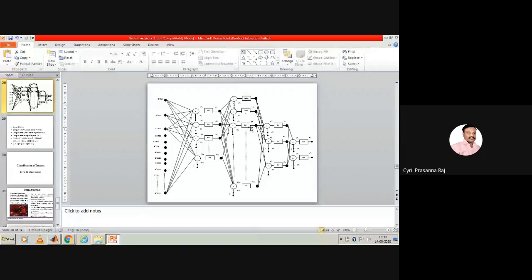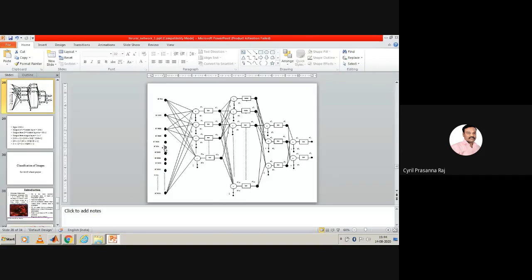The output layer has 256. So 256 inputs are processed by 20 neurons to get 20 outputs. These 20 outputs are further processed by 256 neurons at the output to get back 256 outputs. Now the input itself is made the target.